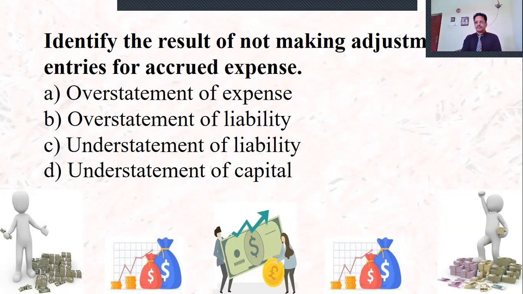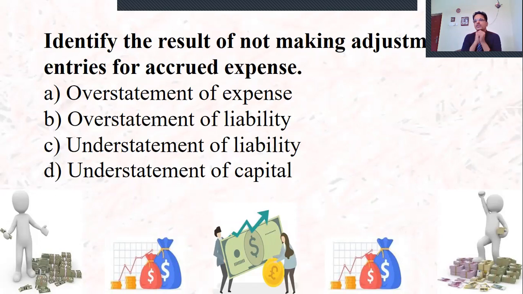This is one side. Then the second side: if you are not crediting expense payable as a liability, liability is not increased. There will be two effects for this. Understatement of liabilities. That is actually the right answer, understatement of liability. Liability will be less.